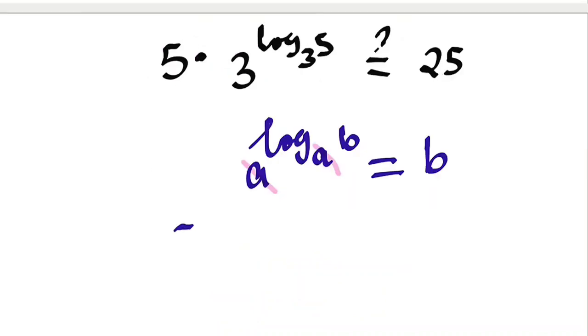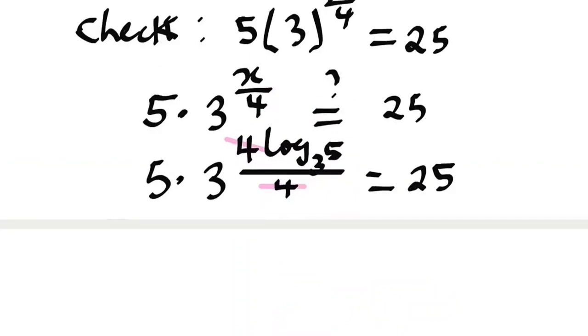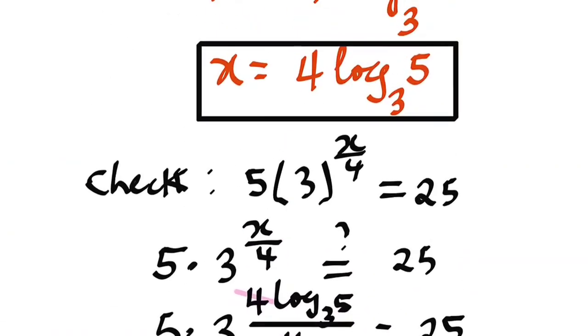So we're going to have 5 multiplied by 5, as this cancels this. Will this give us 25? 5 times 5 gives us 25, which equals 25. So the solution we got is valid because it satisfies the given equation.